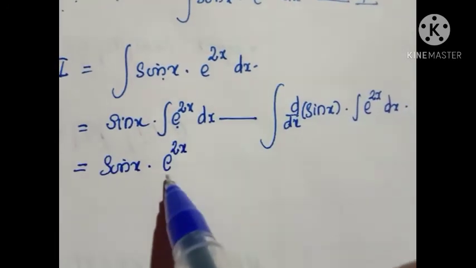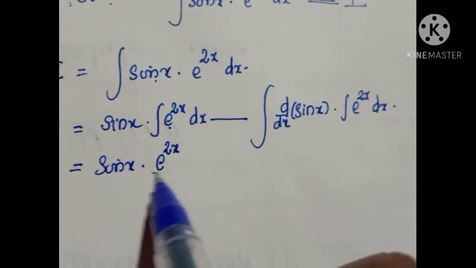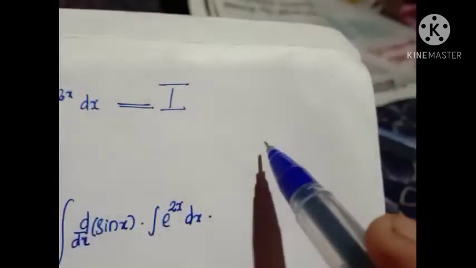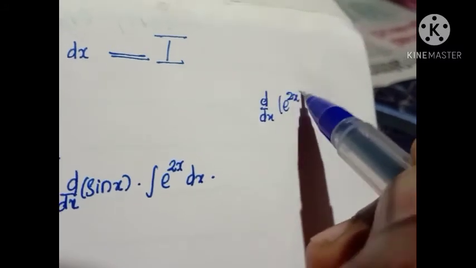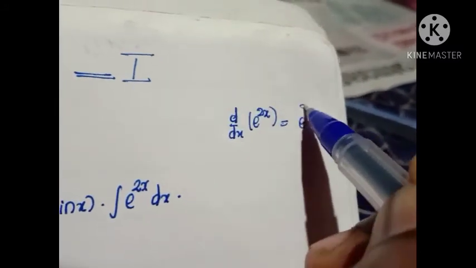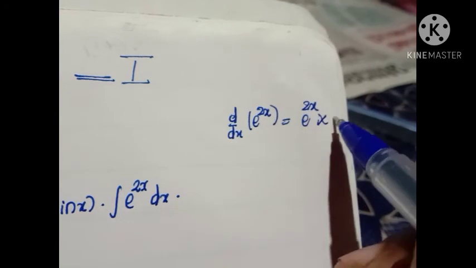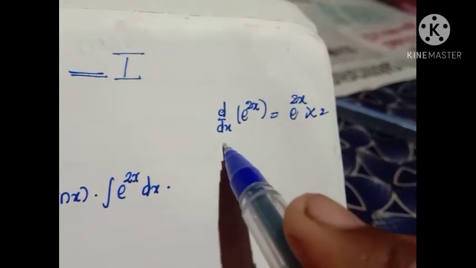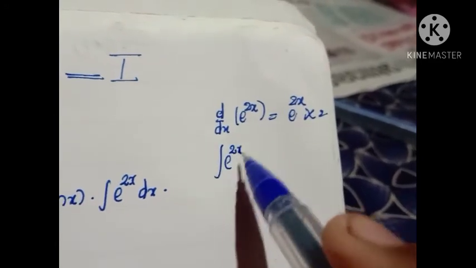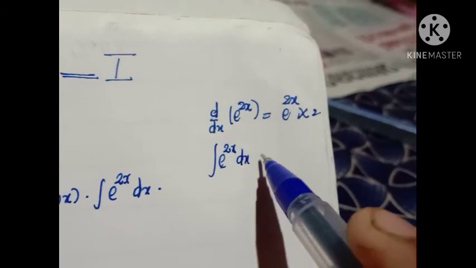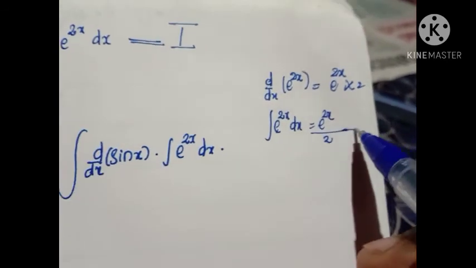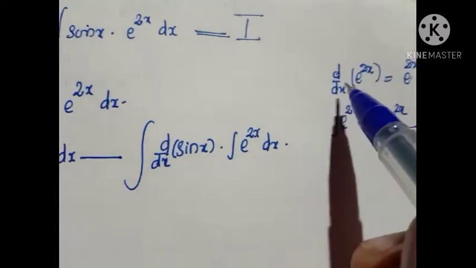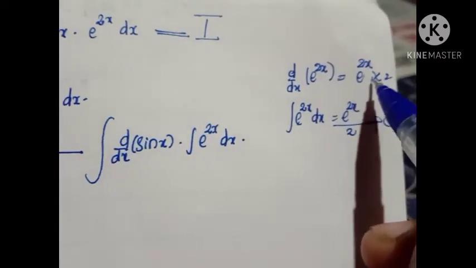Integral of e raised to 2x is e raised to 2x by 2. Listen. Derivative of e raised to 2x. What is derivative of e raised to 2x? E raised to 2x into 2. At the same time, integral of e raised to 2x is e raised to 2x by 2. See the difference.